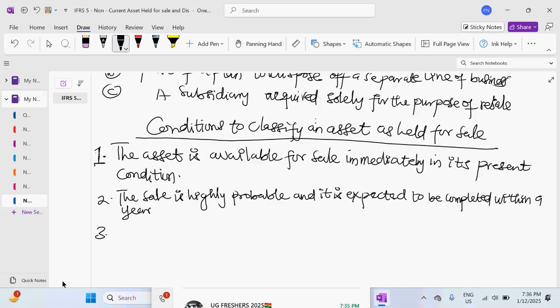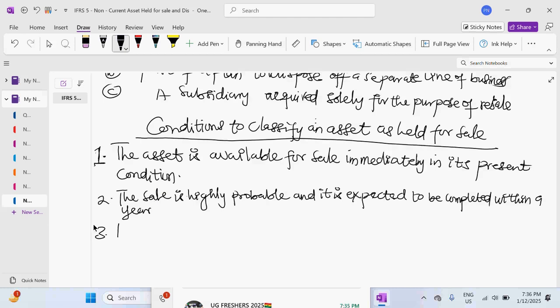As a result of that, it has extended to the following year. You can see that situation is not management's fault. But if it is management's fault, then that is violating the condition to be classified as held for sale. So that is for point 2.